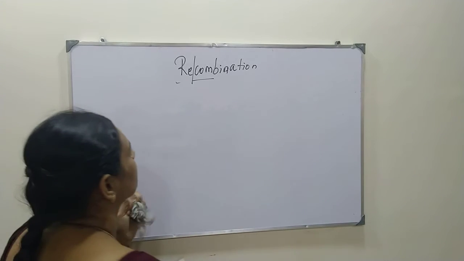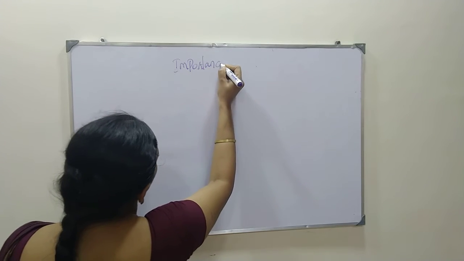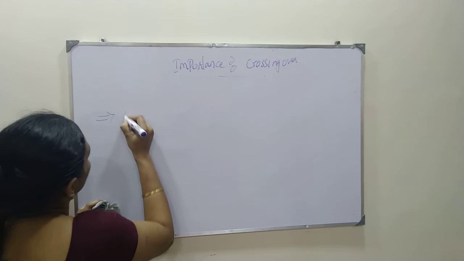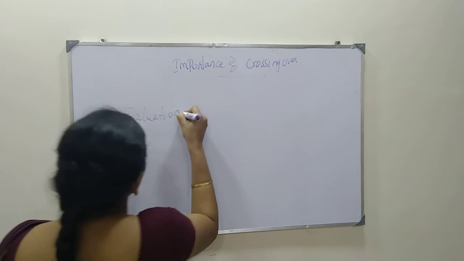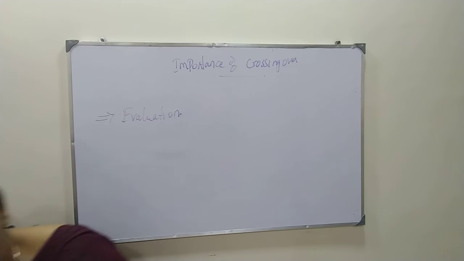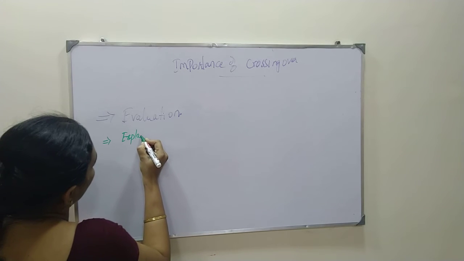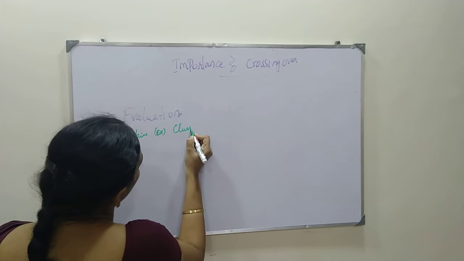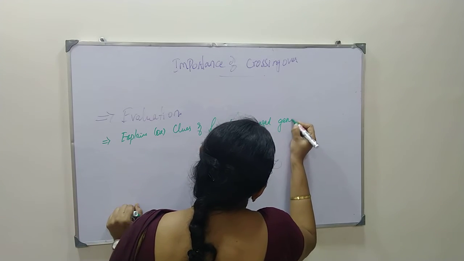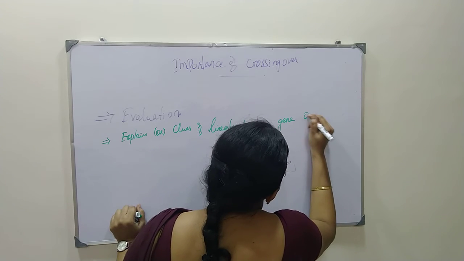First point, the importance of crossing over: it is very essential to the evolution process. Next, crossing over explains clues of linearly arranged genes on chromosomes, that genes are linearly arranged on chromosomes.